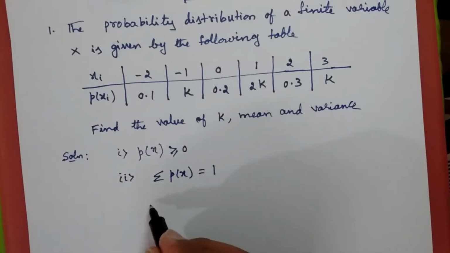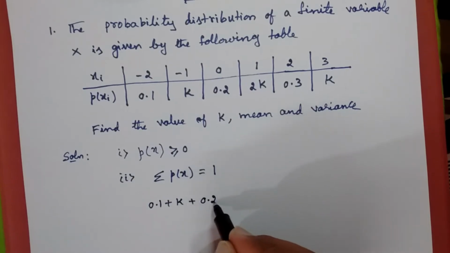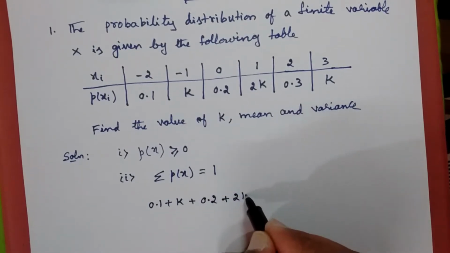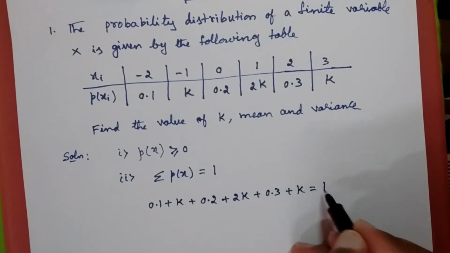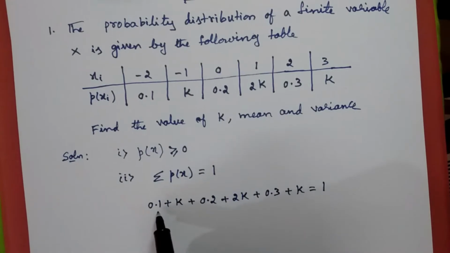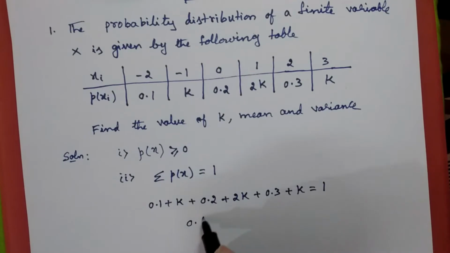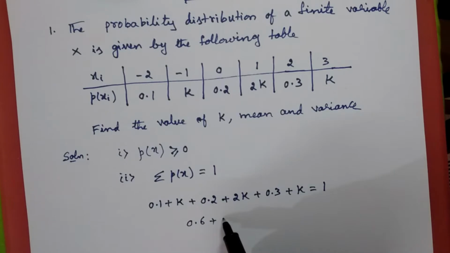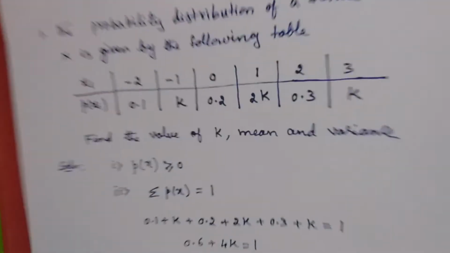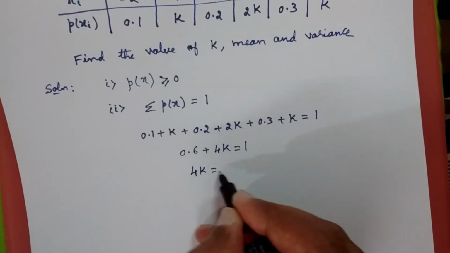If you sum up, it will be 0.1 plus k plus 0.2 plus 2k plus 0.3 plus k equals 1. Let's add it. It's 0.1, this is 0.3 and this is 0.6, plus the k values: k plus 2k plus k, which is 4k, equals 1.